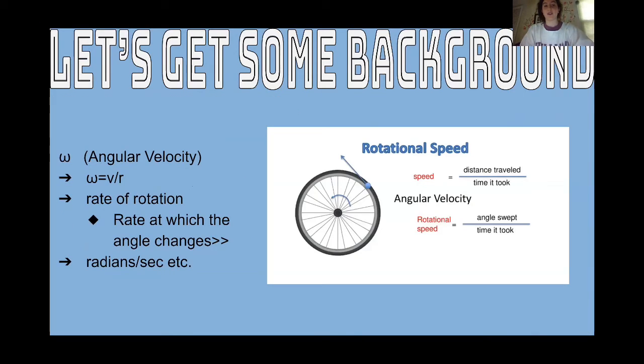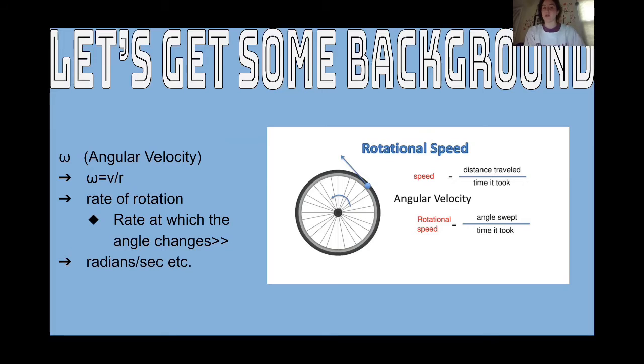And then the other variable that we'll need to know is angular velocity, and the symbol for that is a lowercase omega. I don't know if anybody's ever seen that before, but there are two equations for this. The first is velocity over radius, because the tangential velocity of any point on the circle that it's rotating on is proportional to that point's distance from the axis of rotation, the radius, the distance from the center towards that point.